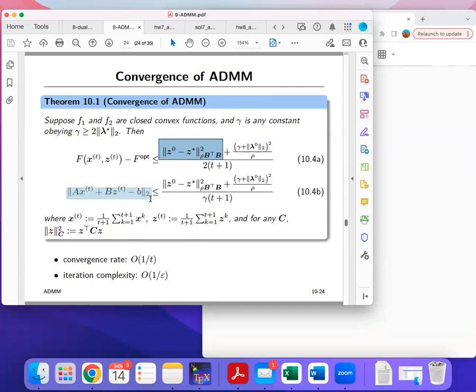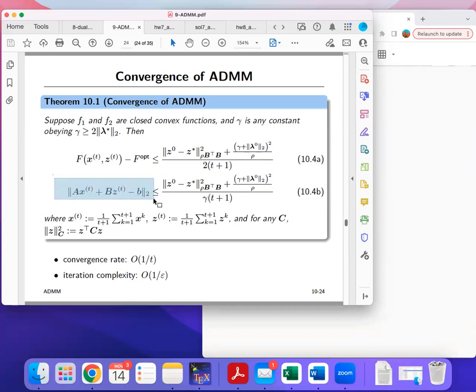result, this one characterizes the convergence, the violation of the equality constraint. And remember in the original problem, we required that AX plus BZ equals to small b. This equality must be satisfied.